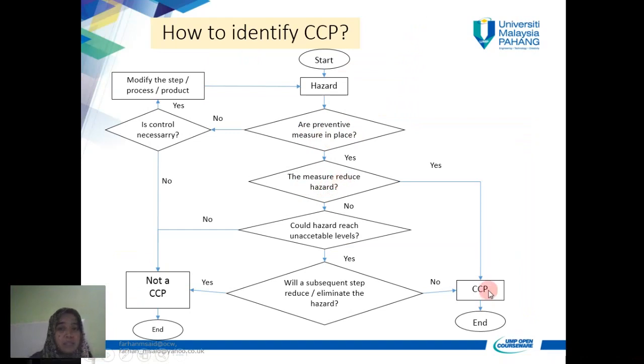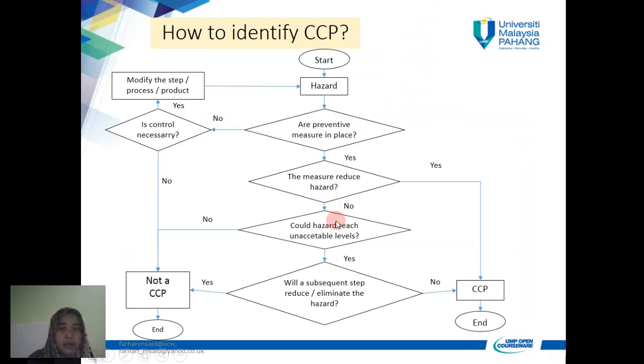If yes, then that is the CCP. If there are no preventive measures, then we go to the question: is control necessary? So if yes, then modification must be made. Okay, if no, then that is not a CCP.